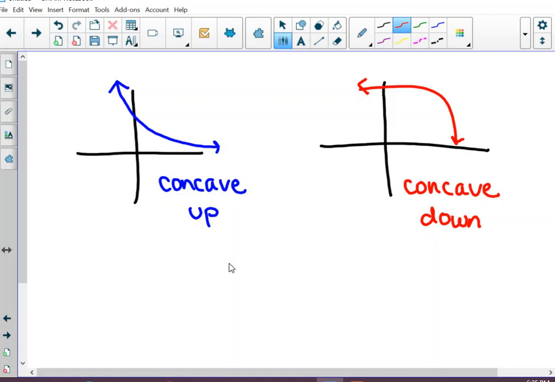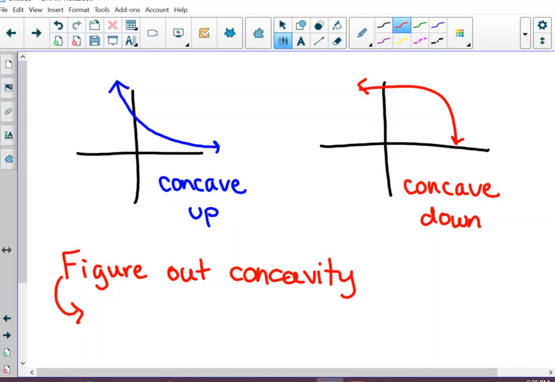So, the things that make our polynomial functions curvy and have turns, have different concavity. That's what we're looking at analyzing here. And how we can figure this out, we can figure out concavity of a particular graph from the second derivative.